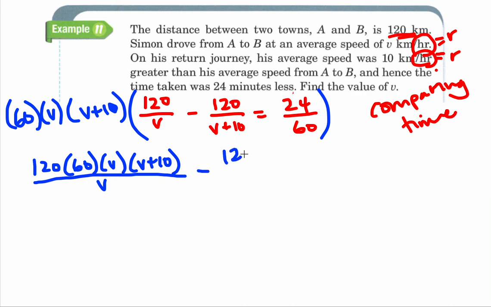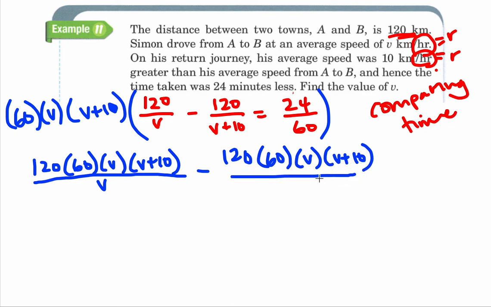Minus 120, same thing, multiplied by the same factors, except the denominator is V plus 10, equals 24 times V times 60.